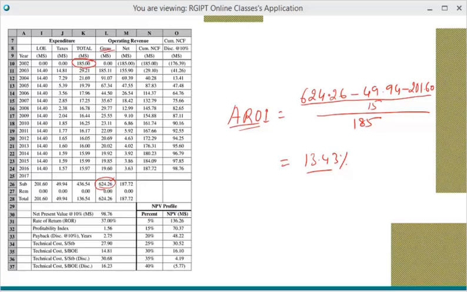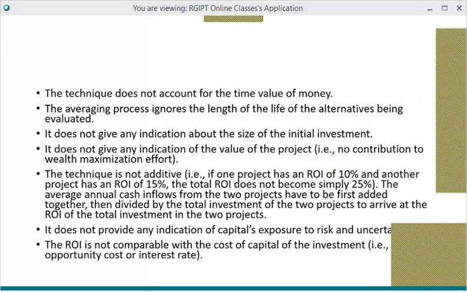Though this is a very quick way of knowing the average return on investment, I have put together the limitations. As I said, this does not take into account time value of money.